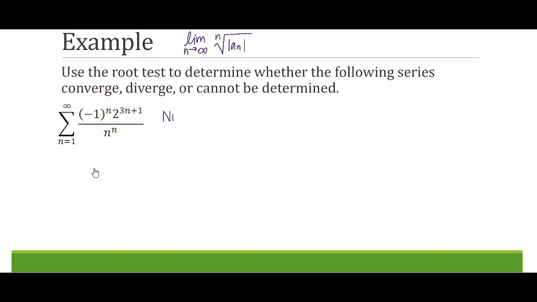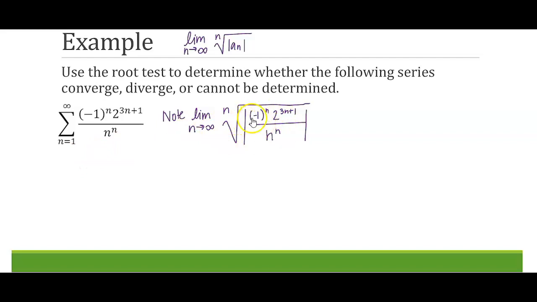We're going to start out by saying, note that the limit as n approaches infinity of the nth root of the absolute value of the general term, so the absolute value of negative 1 to the n, 2 to the 3n plus 1, over n to the n in absolute value bars, is what we are trying to evaluate.